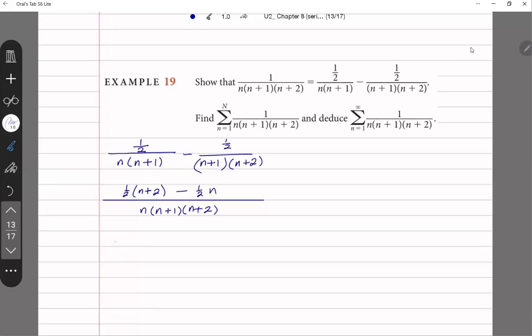Simplifying the numerator, we'll end up with a half n plus 1 minus a half n. So this comes out to be 1 over n into n plus 1 times n plus 2.